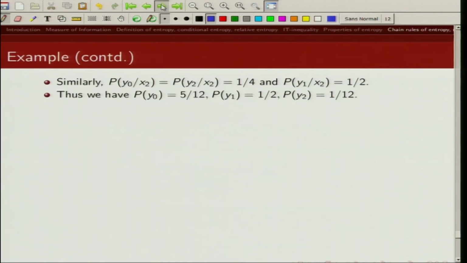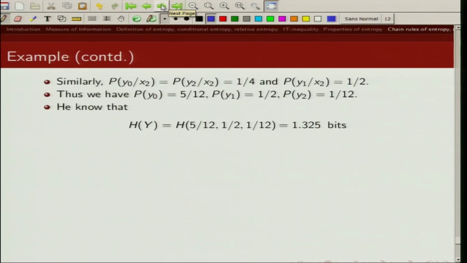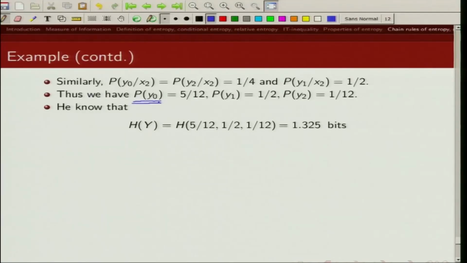Okay. So now that we know the probability of getting x1, and the probability of getting yi given xi, we can find out the probability of getting y0, y1 and y2. The probability of getting y0 is the probability of x1 into the probability of y0 given x1, plus the probability of y0 given x2 into the probability of x2. Similarly, we can compute p of y1 and p of y2.